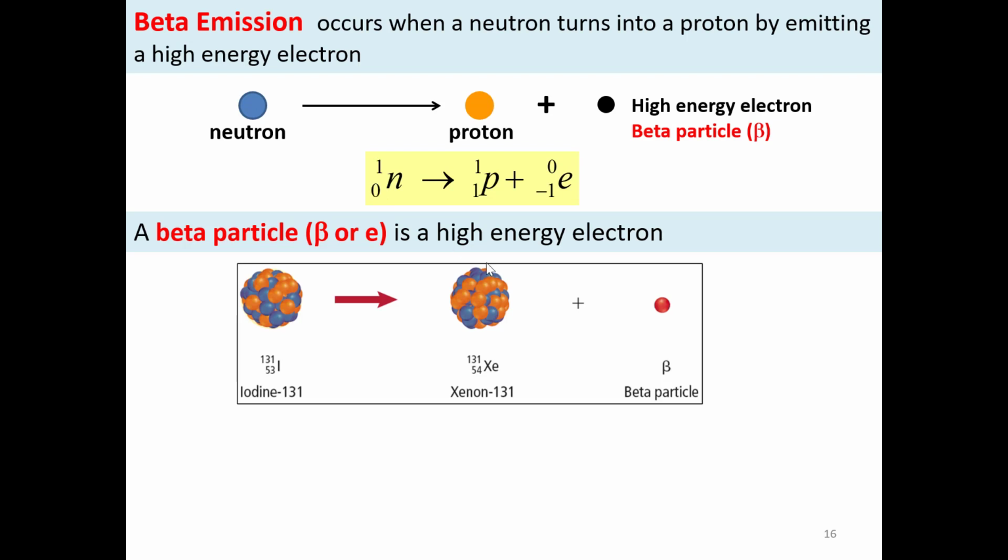Remember, in the nuclear symbol, this represents the number of protons, or the atomic number. And this number represents the mass number, which is protons plus neutrons.